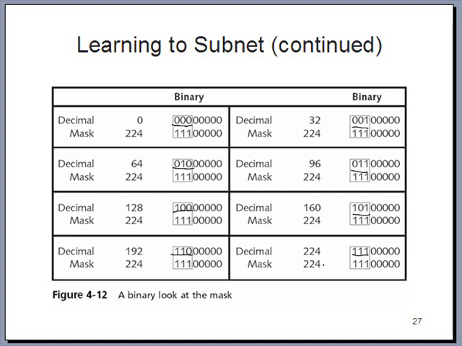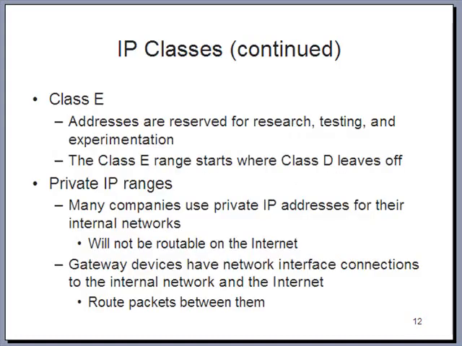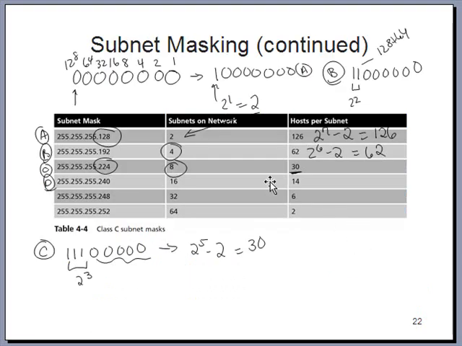And that is going to give us our differentials for the subnets. Alright, so the 2 to the y is the number of usable subnets. So those come from the first 3 bits on that previous example, which is here, calculating how many subnets on the network.